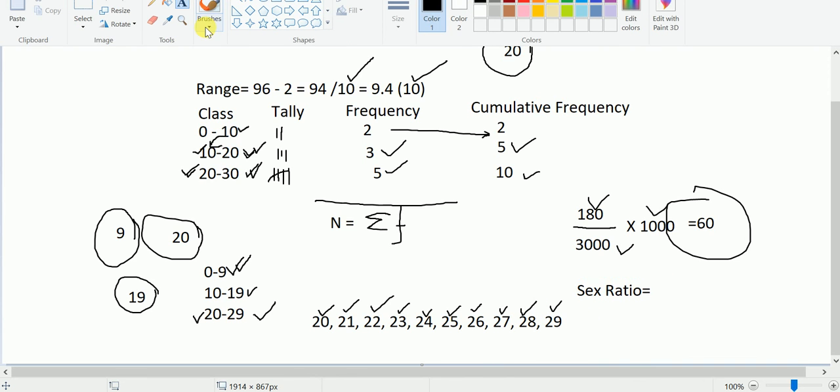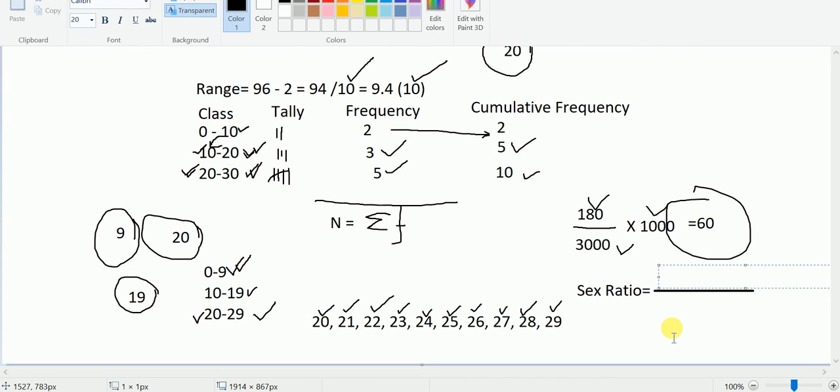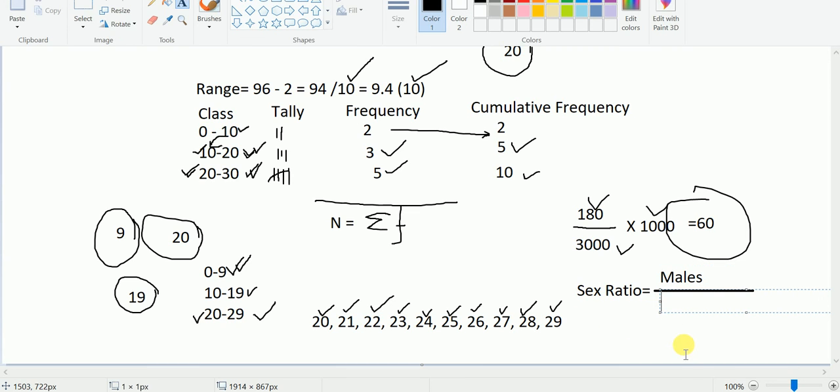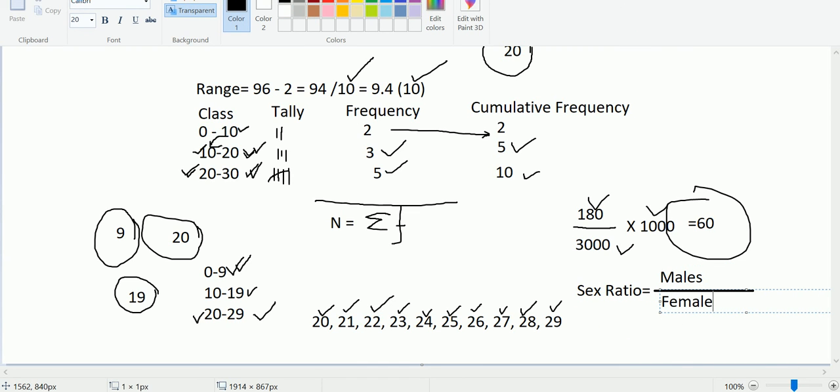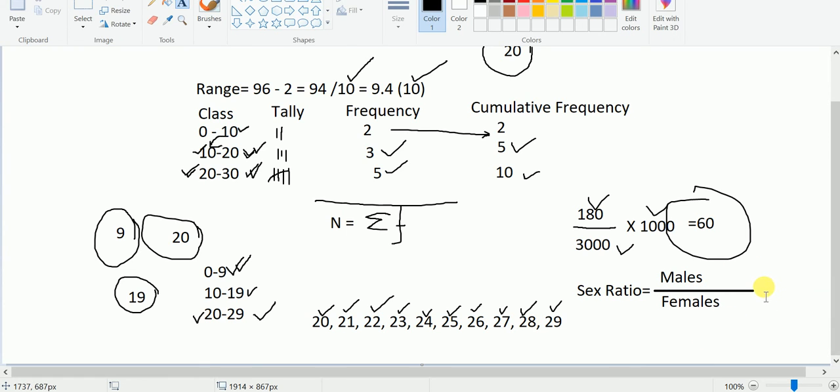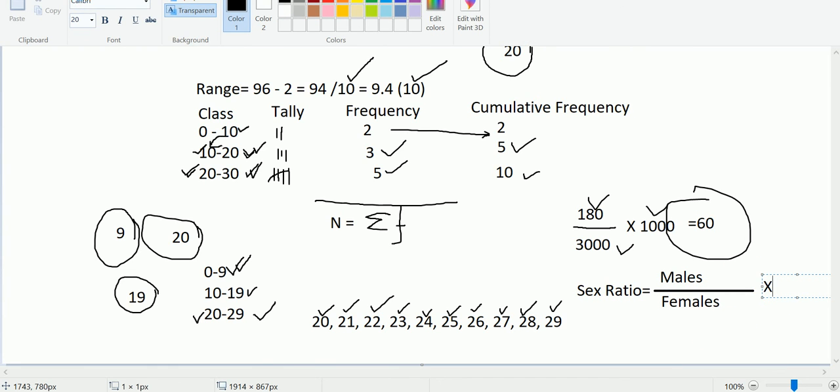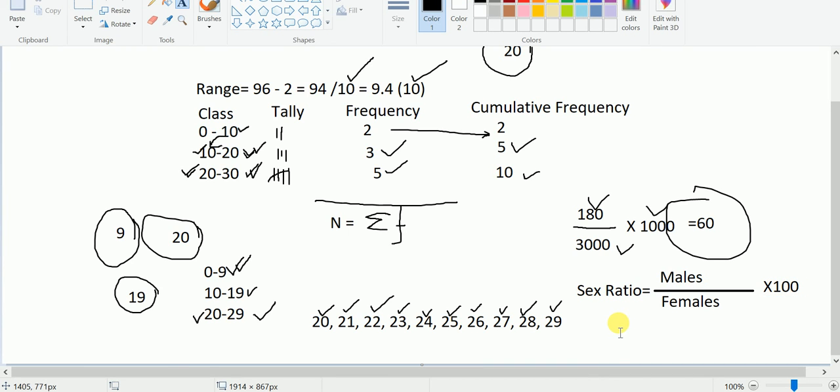Can you tell me the formula that is used in the book? So in this case, the number of males is here, the number of females is here, and it is to be divided, multiplied by 100. So in this case, sex ratio is expressed in terms of number of males per 100 females.